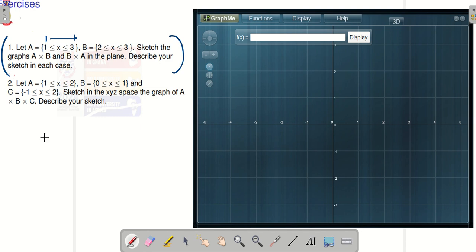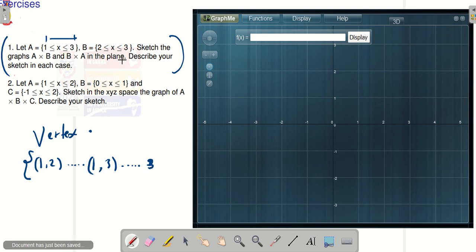So the best thing you need to do is to find the vertex. The vertex is going to be the very first value. That is going to be 1. Will pair 2. Then it will go on and on. Then 1 will pair 3. Then it moves on. 3 will also pair 2.